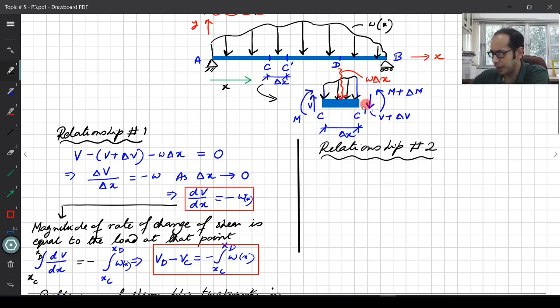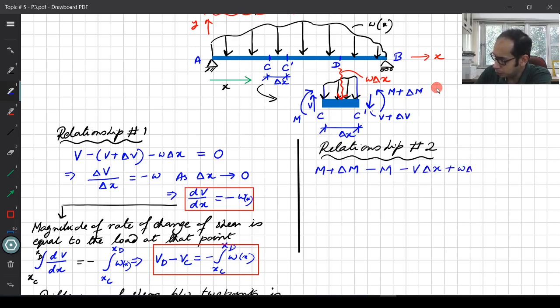If I balance all the moments, what I get is M plus delta M minus M, and if I am taking the moment about this particular point, it is minus V delta x plus w delta x, because of this load that we have, times delta x over 2, equals 0.